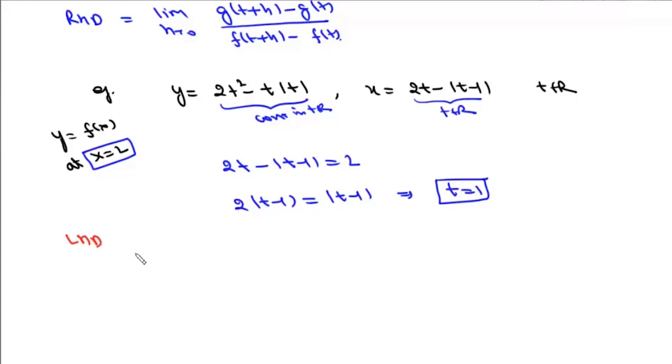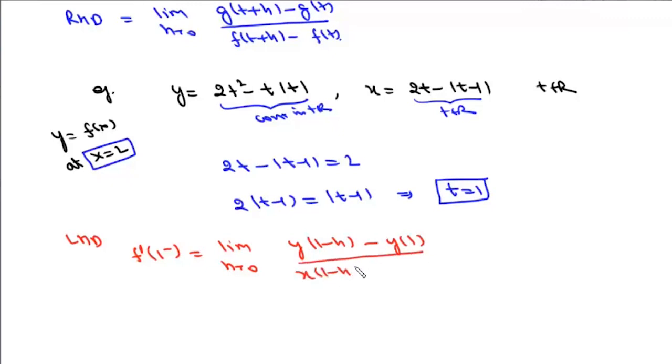Now its left hand derivative will be f dash 1 negative, and will be this limit h tends to 0, and will be this y(1 minus h) minus y(1) upon x(1 minus h) minus x(1). Now this is this limit h tends to 0.